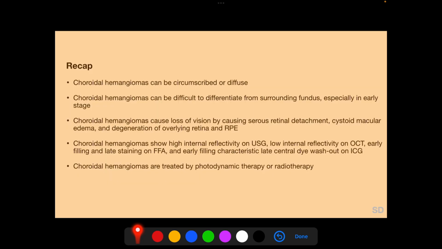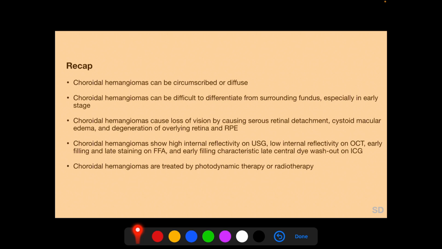To sum up, choroidal hemangiomas can be circumscribed or diffuse. Choroidal hemangiomas can be difficult to differentiate from the surrounding fundus, especially in early stage. Choroidal hemangiomas cause loss of vision by causing serous retinal detachment, cystoid macular edema, and degeneration of overlying retina and retinal pigment epithelium.